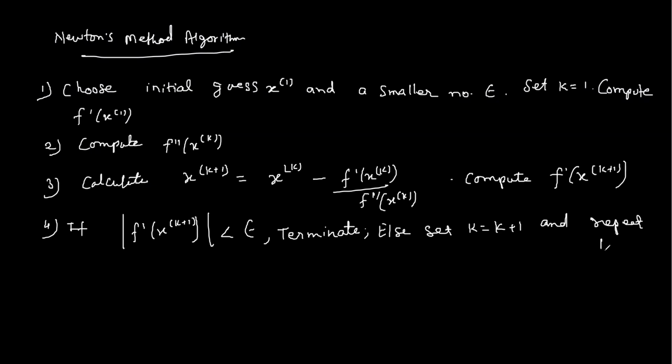Repeat step 2. x to the power k means in the first iteration you are going closer and closer, to a more accurate value of x.